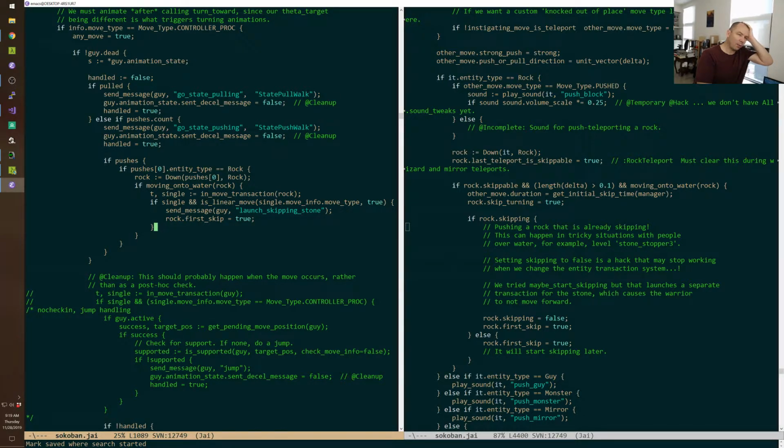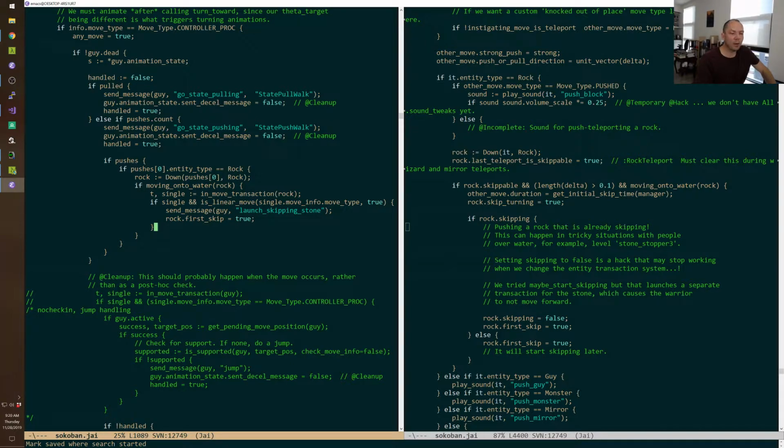Now the problem is when we put it into the same transaction with the guy, the timing kind of wants to match up, because if I'm slowly moving from one square to another and pushing something, then we expect the timing of that thing that I'm pushing to match, right? So there's two things we could do.